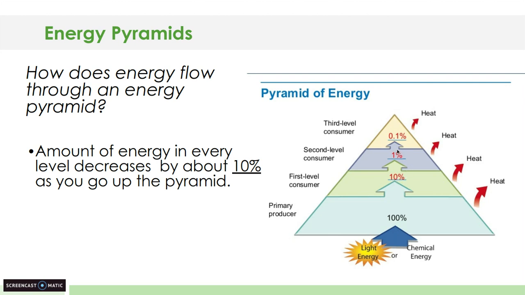And then 10% of that is available for second level consumers. And then 10% of 1% is available for third level consumers. So there's less energy available for organisms located near the top of the pyramid, which is why the population of those organisms, those animals, is much lower than the population of first level consumers or producers.